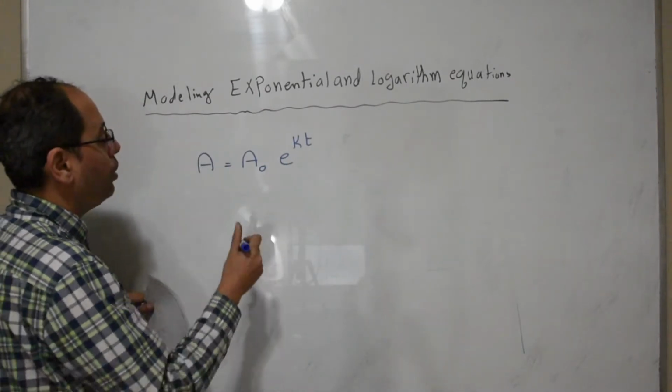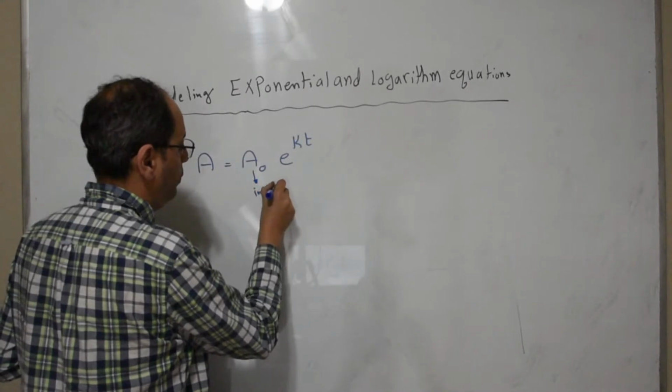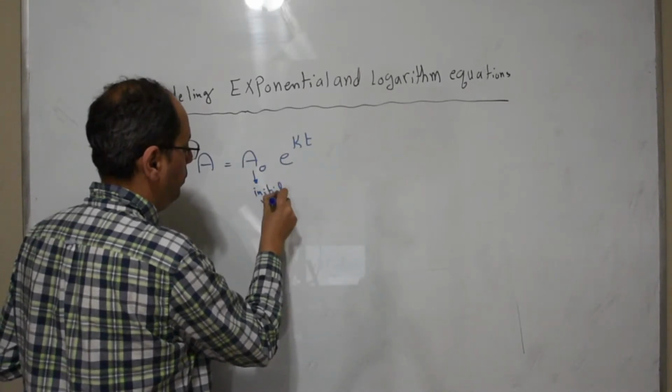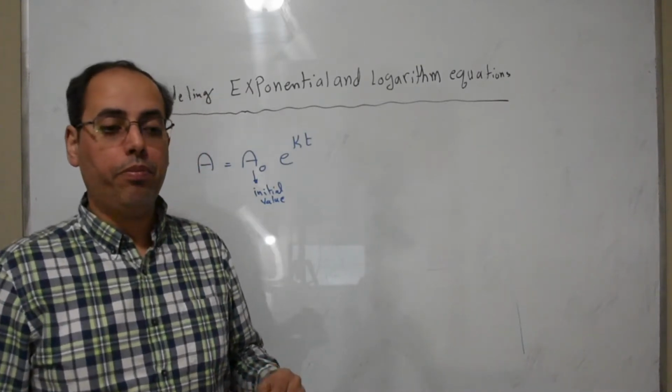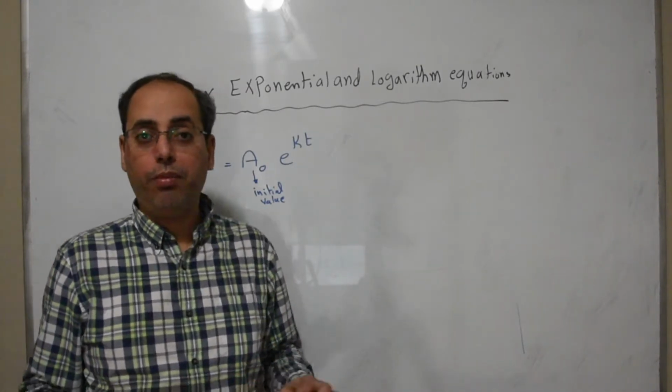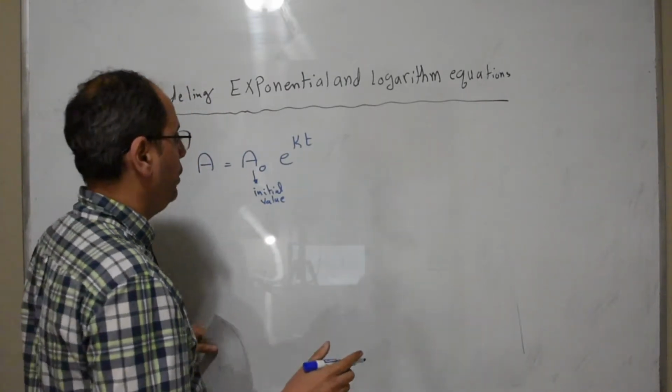A naught is always the initial value. Initial population, initial number of grams of substance, initial principal, and so on.